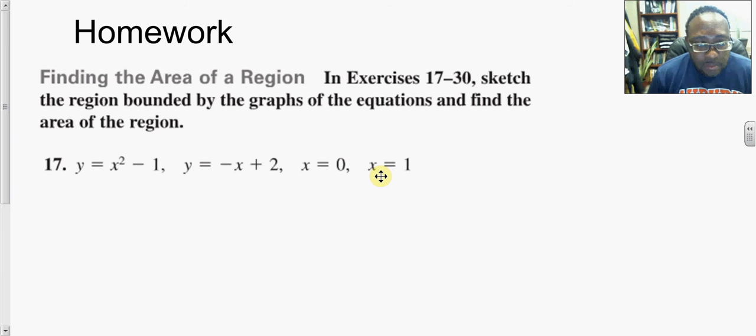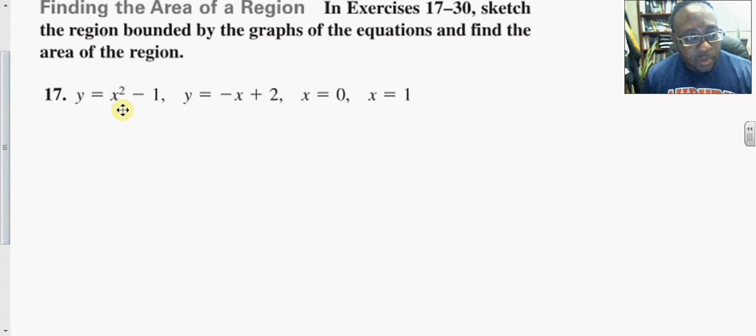Find the area of a region, two main functions, find the area between those. Here for this problem we're given y equal to x squared minus 1, and then y equal to negative x plus 2, x equal to 0, x equal to 1.